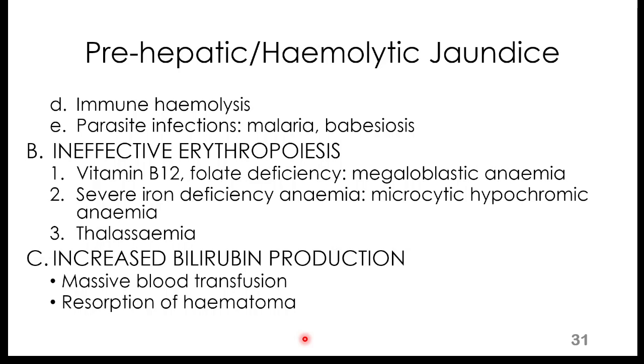Almost as big as an egg, maybe swollen eyes, that swelling is due to rupture of blood vessels within that part of the skin, and the swelling is due to blood collection inside the tissue. All right. So when that blood is eventually absorbed back, yes, it leads to increased bilirubin production.